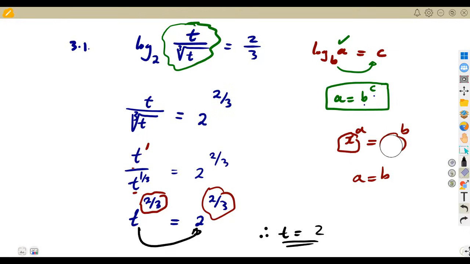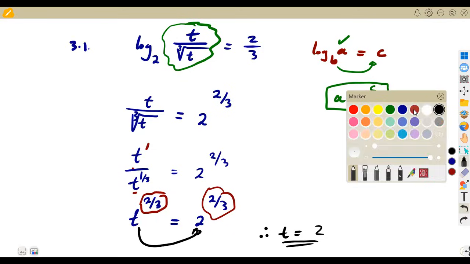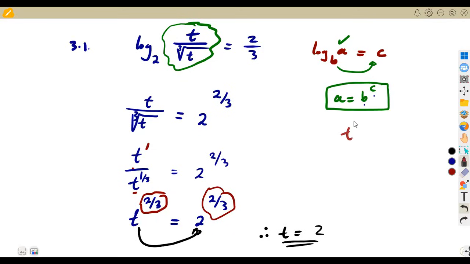Yes, you could have removed this exponent by applying this concept to say, here I can use t to the exponent of 2 over 3 is equal to 2 to the exponent of 2 over 3. How do I remove this 2 over 3 so that I remain with a t? I multiply by the inverse, which is 3 over 2. The inverse, remember, is 1 over this number.